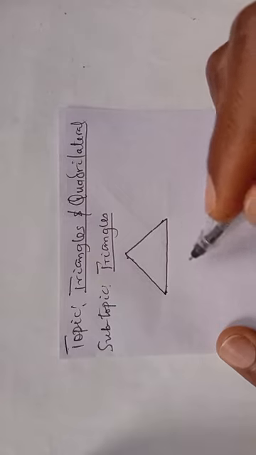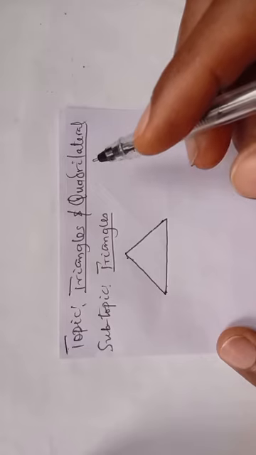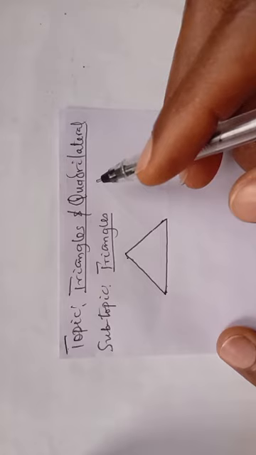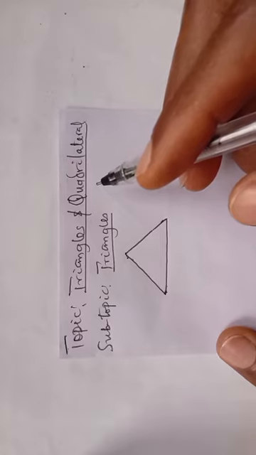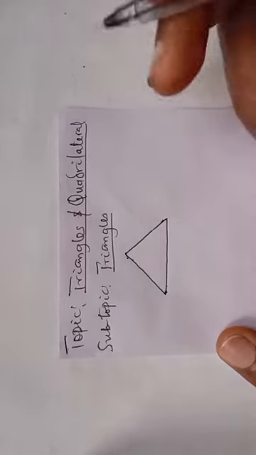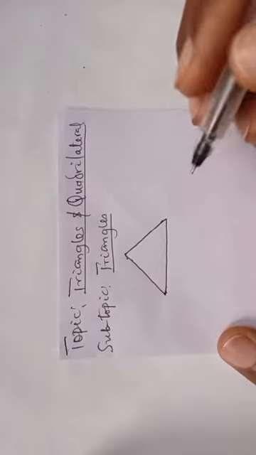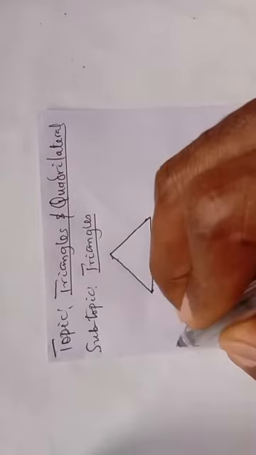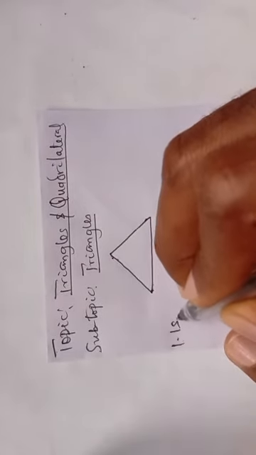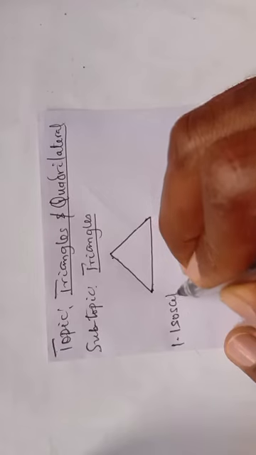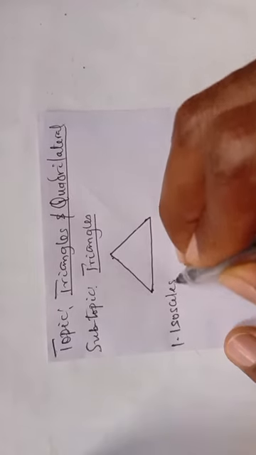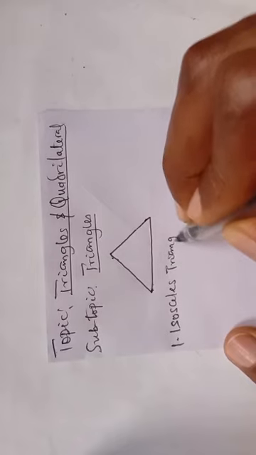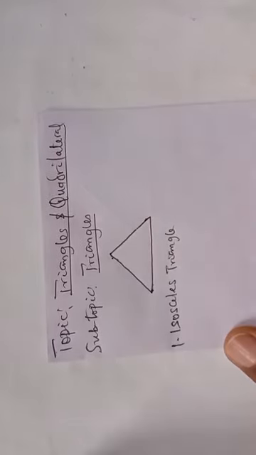Good. Now, let's look at the types of triangle. What do you call an isosceles triangle? Isosceles triangle. This is how it is written.